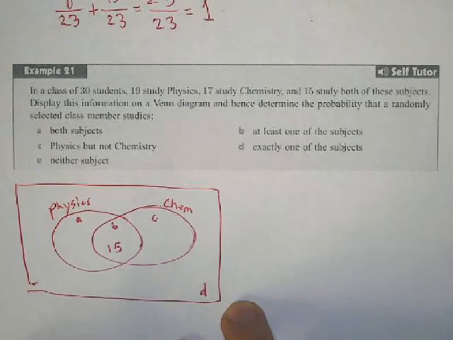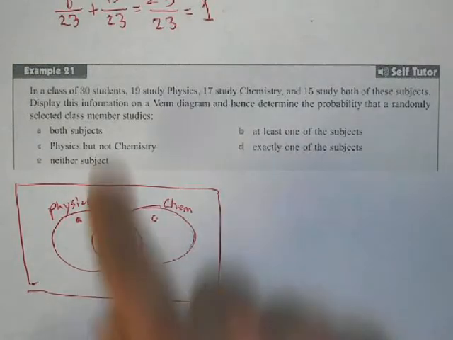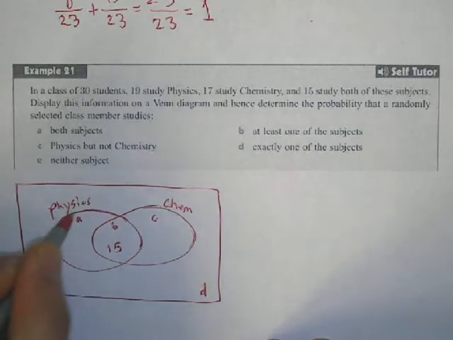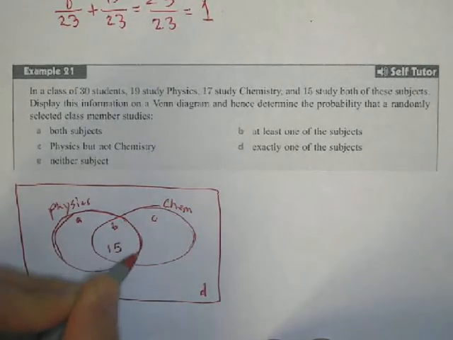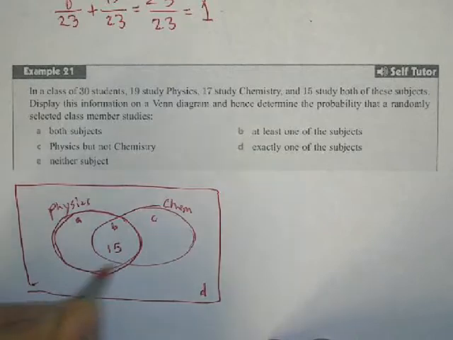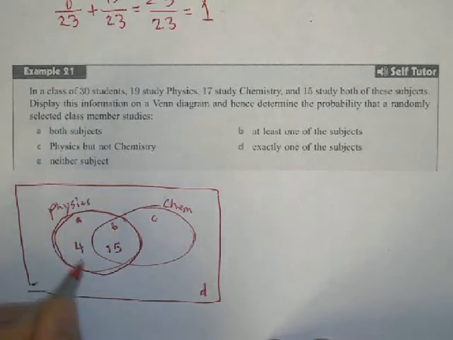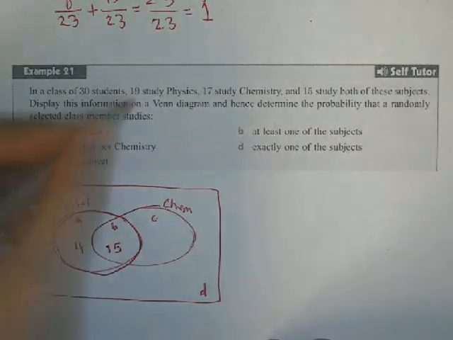Okay? Now, if there's 19 students taking physics, then everything in this circle here has to add up to 19. If this is 15, what does a have to be? You're right, it has to be 4, because 4 plus 15 adds up to 19.